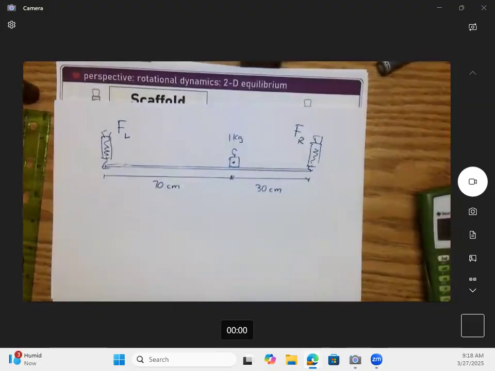Go ahead and solve that. Who knows those force readings?